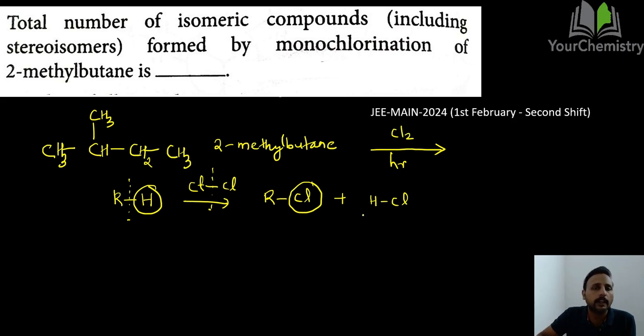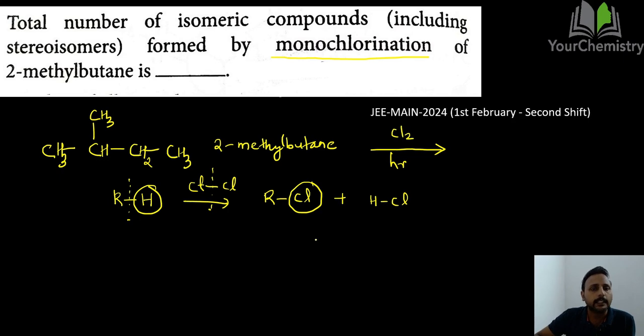So how many chlorine atoms are there now? There is just one chlorination, so it is called monochlorination. Monochlorination means a hydrogen atom in the alkane is replaced by one chlorine atom.